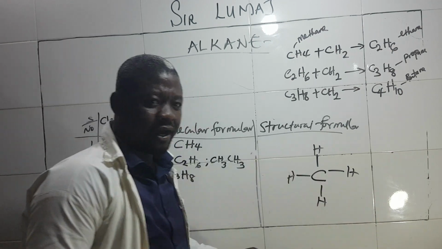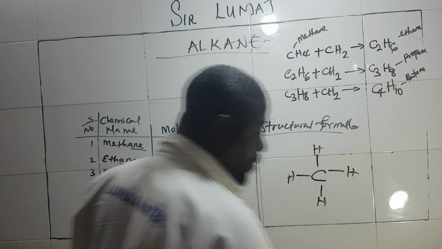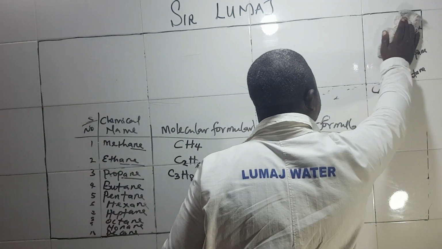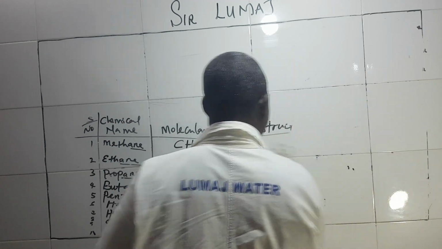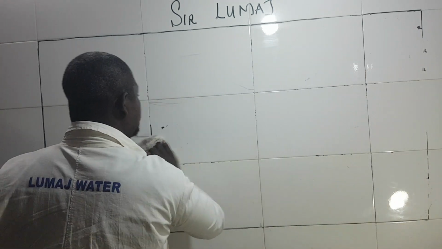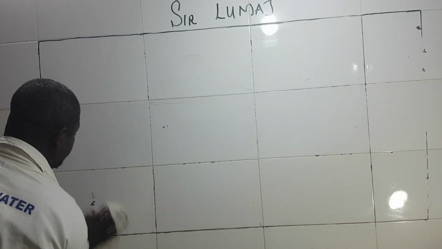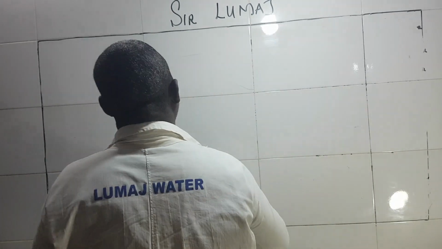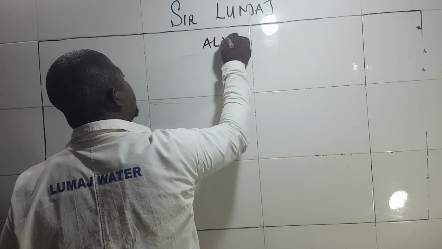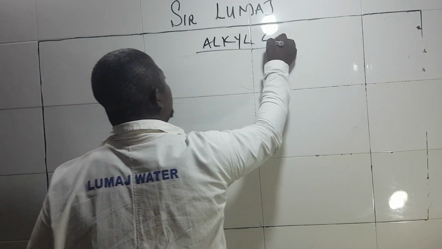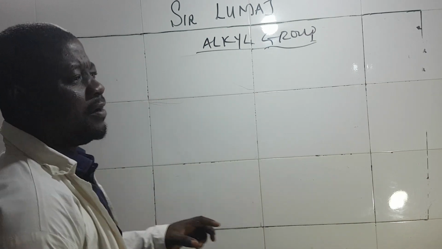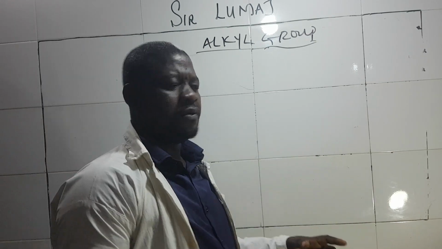Also, the next one I want to talk about is the alkyl, before I start talking about the reactions and naming of those compounds. You know, I promised that I was going to do justice to both alkyl and alkane. Alkyl group, basically they are attached groups.